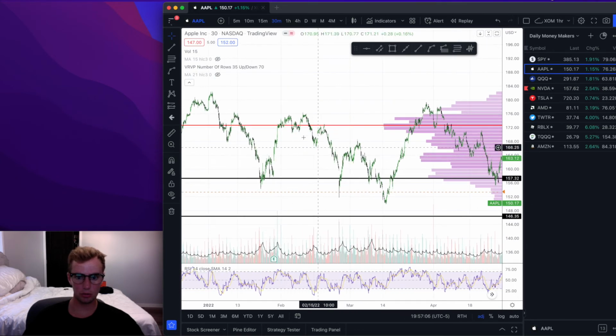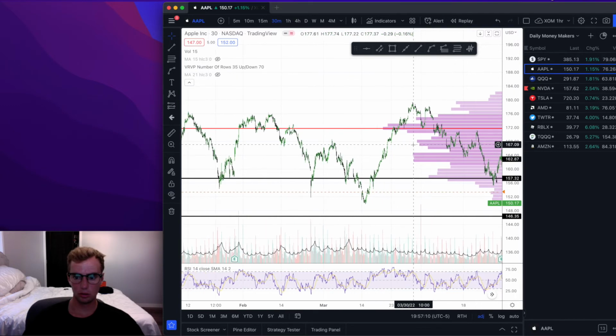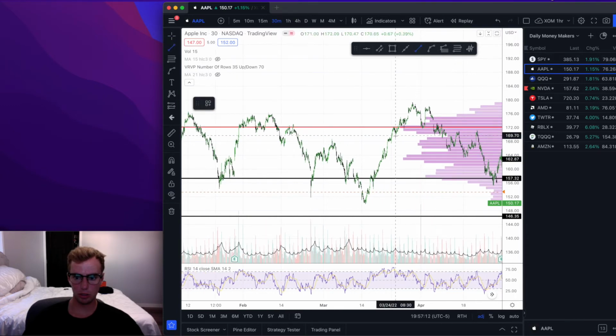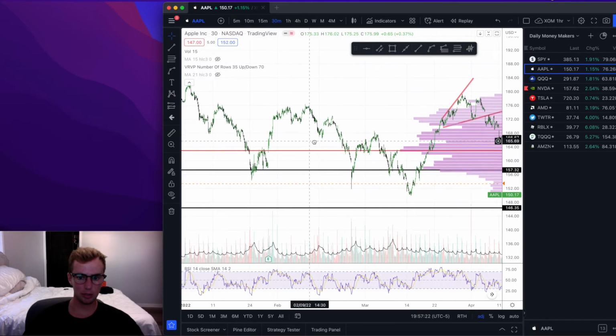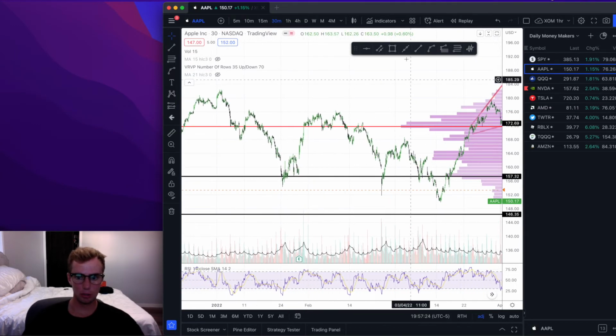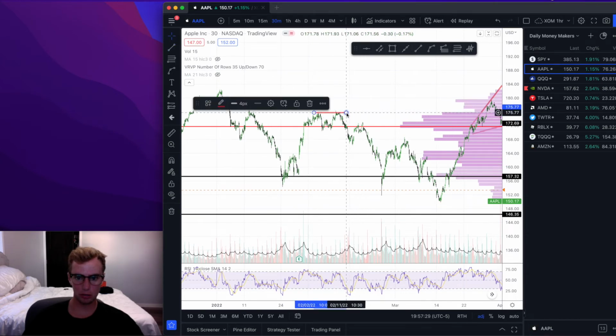And here's one, head and shoulders. This could also be a rising wedge, kind of a broadening formation type thing. That's usually bearish as well. We have, I would call this a double top right there.